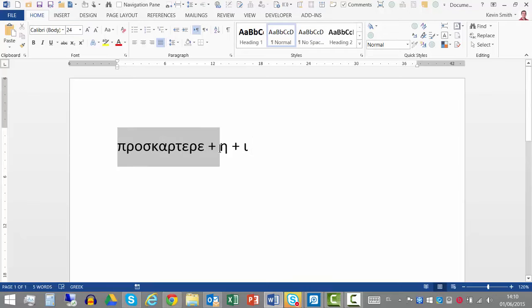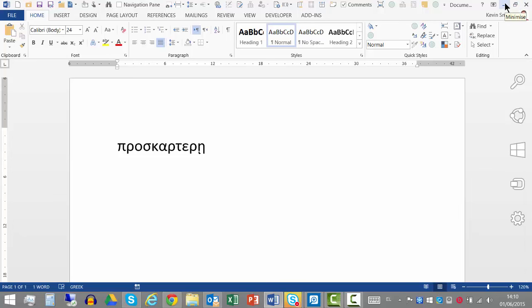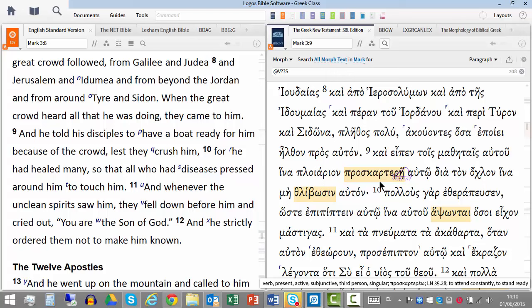When epsilon and eta contract, they contract to eta and then the iota subscripts. So we're going to have, at the end of the day, proskarterē, which is present active subjunctive third person singular. Hina, ploiarion, a boat, they might be ready for him, autō.